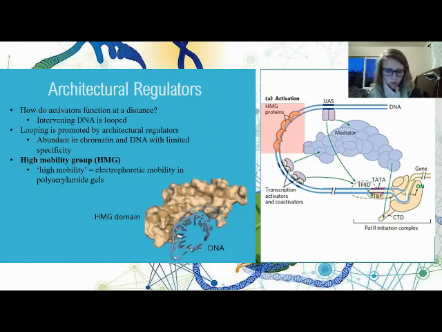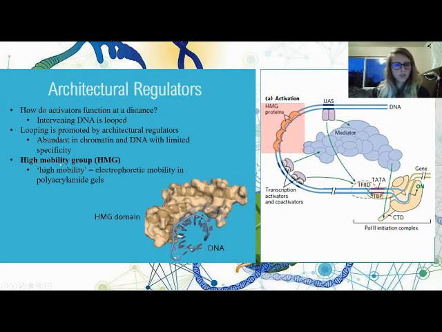The second type of DNA binding activator that facilitates assembly of general transcription factors is the architectural regulators. They help activators function at a distance by promoting looping of the intervening DNA. They are abundant in chromatin and bind DNA with limited specificity.